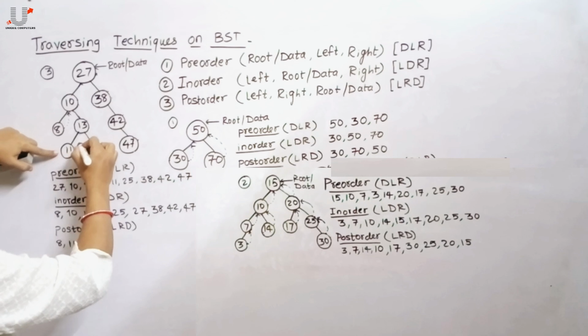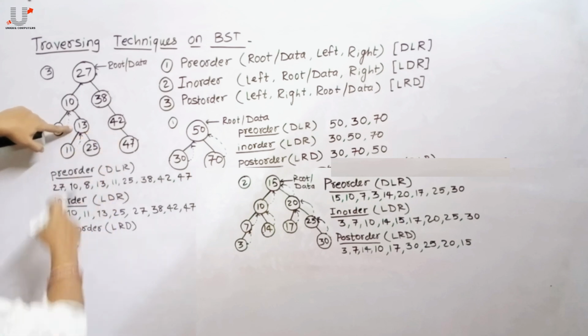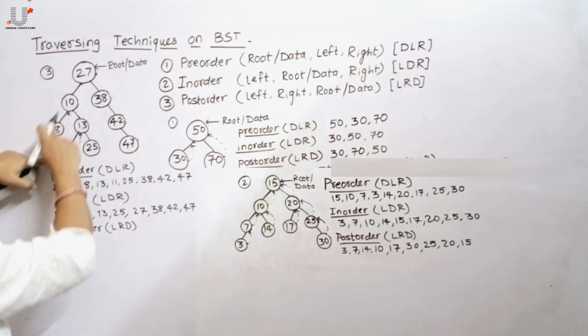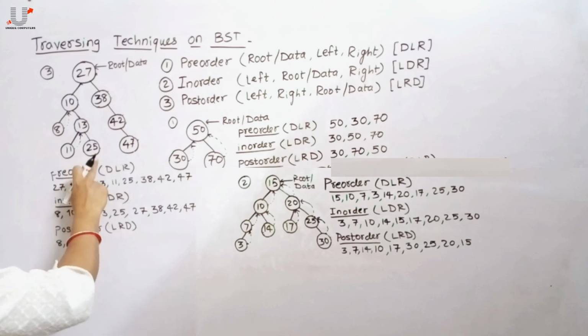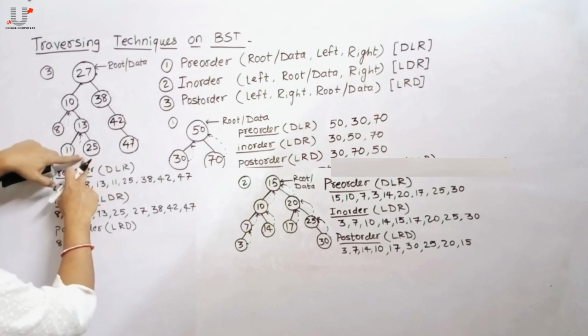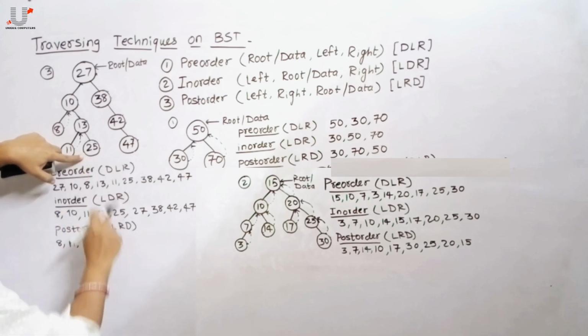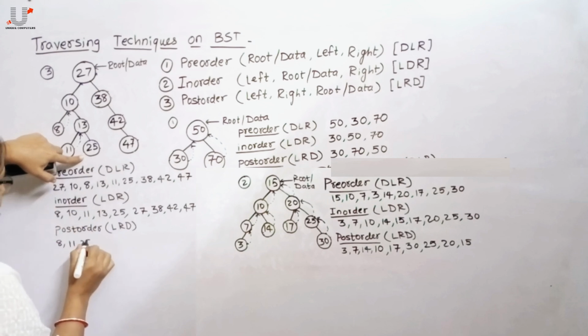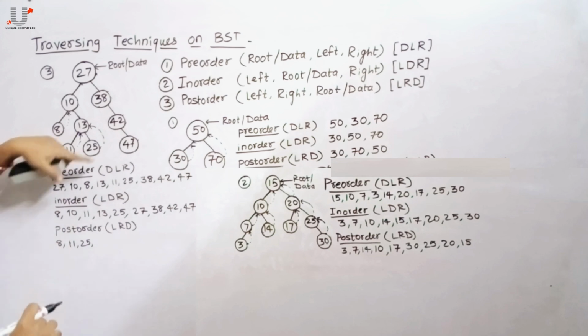After processing, the control will transfer to its previous location. For 13, L has been processed, then the control will transfer to its right subtree, that means 25. It is not processed yet. Again apply L, no left subtree, R, no right subtree is there, then data, that means 25 gets processed. After processing, control will again move to its previous location, that means 13.